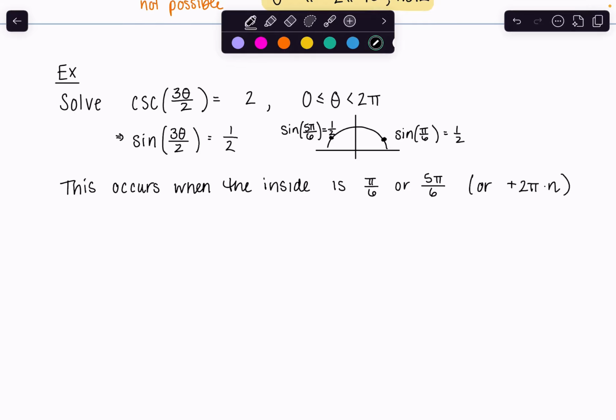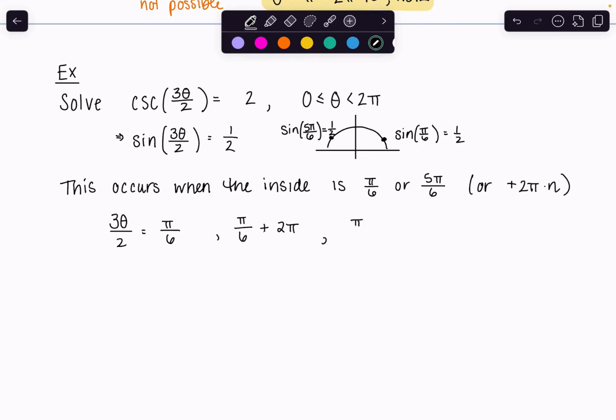So the way I like to go about this is I'm going to start with just this pi over 6 angle. If the inside is equal to pi over 6, then I have a solution, okay? Or if the inside is equal to pi over 6 plus 1 revolution, okay?